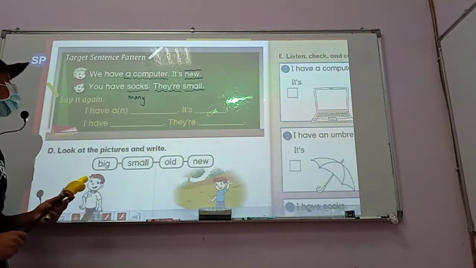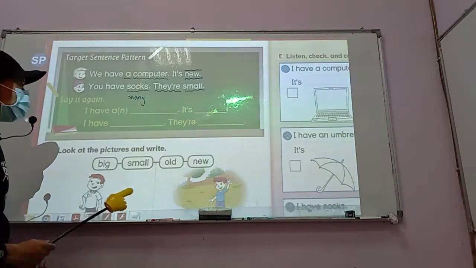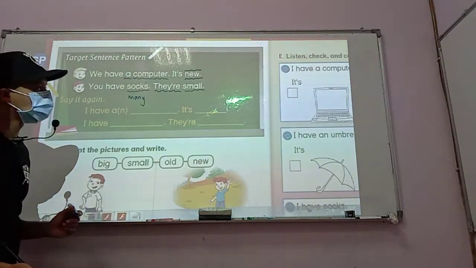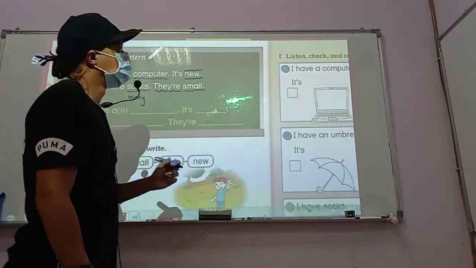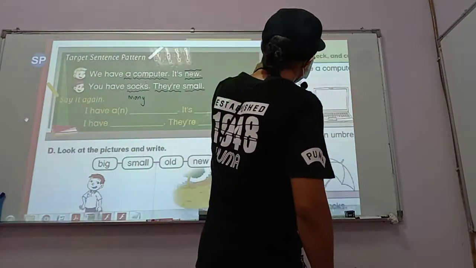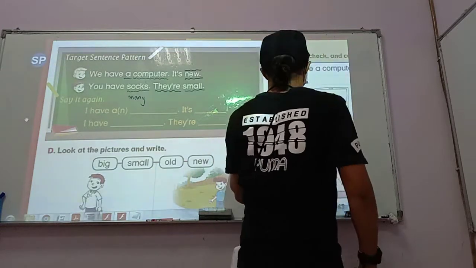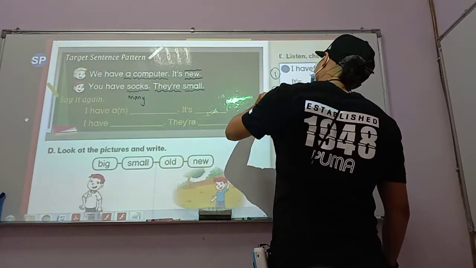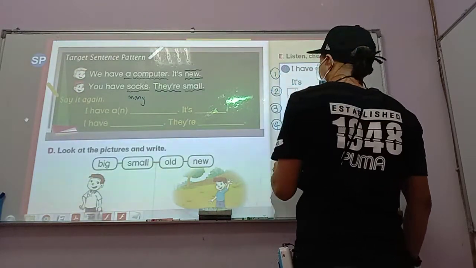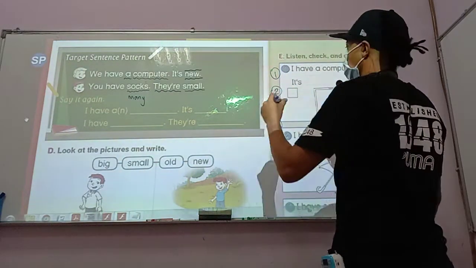Alright? So I'll put down a few words and then we can write them in over here. So, alright, number 1, 2, 3, and 4. So we have 4 options over here.